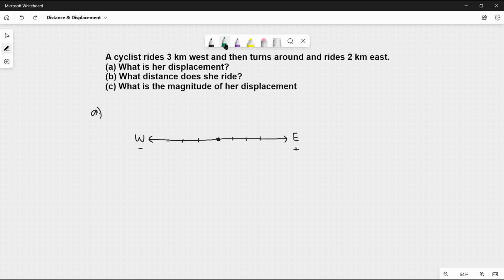Now it says here that the cyclist rides 3 km west. She then turns around and rides 2 km east.